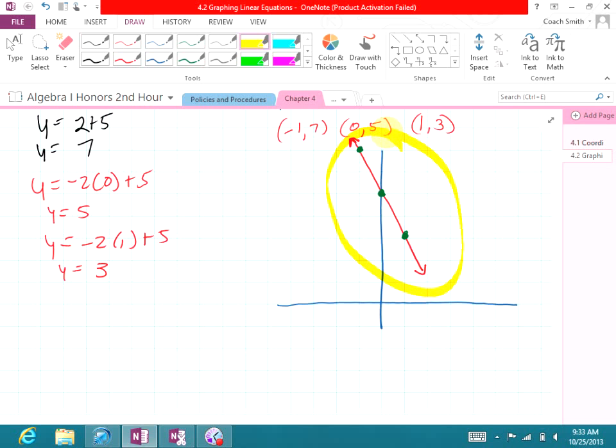Do you want us to put the ordered pairs up there? Yeah, it'd probably be good to just you can either put them there or actually put them with the dots they correspond to, like this. Once you have your line drawn and see that, you obviously wouldn't want to put the ordered pair 0, -5 right there.